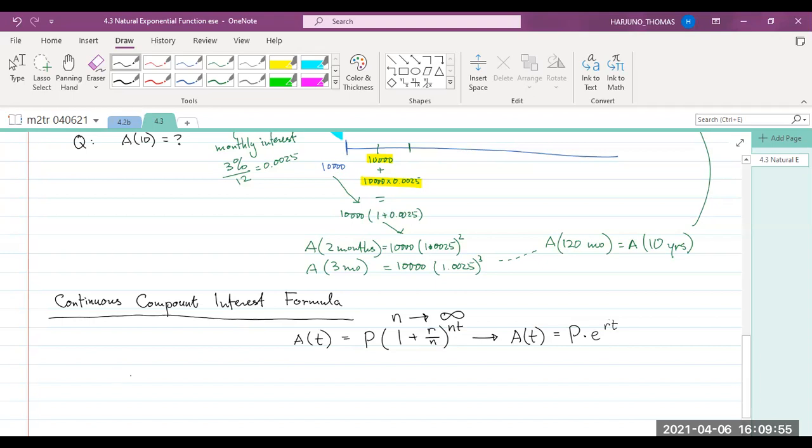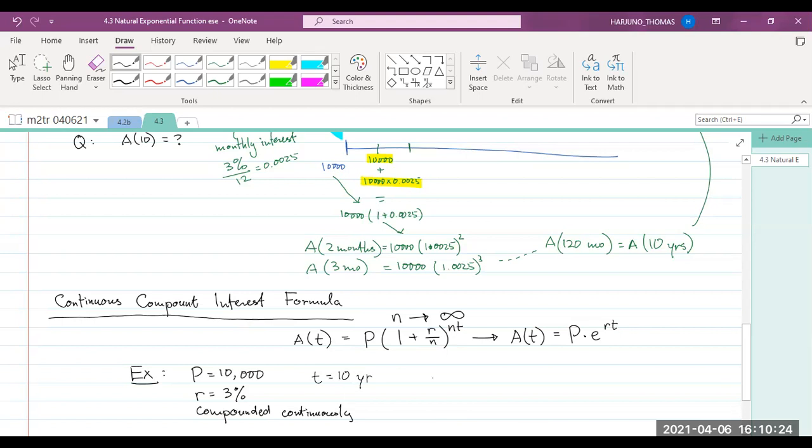Okay, so using the example we have earlier, suppose you deposit $10,000 at the interest of 3% annually, compounded continuously, and you deposit it for 10 years.